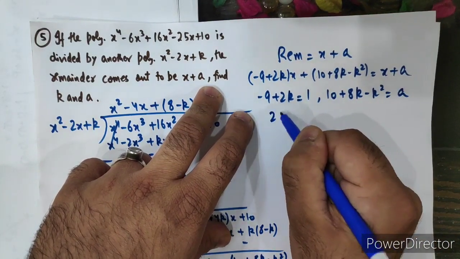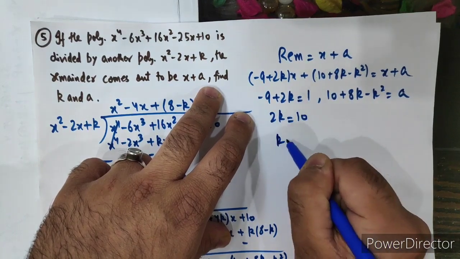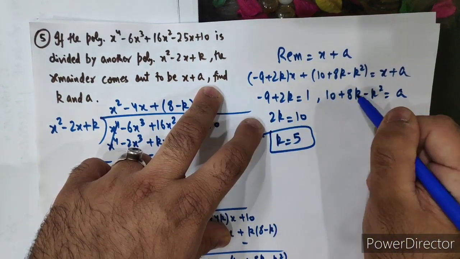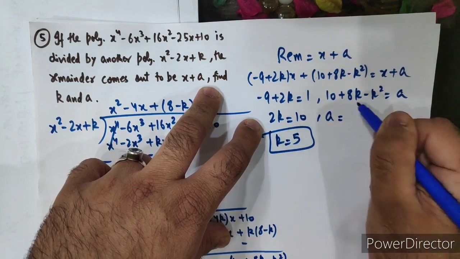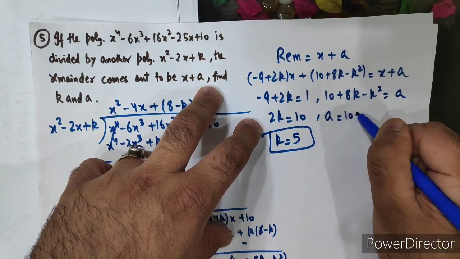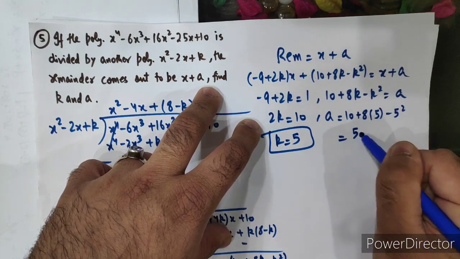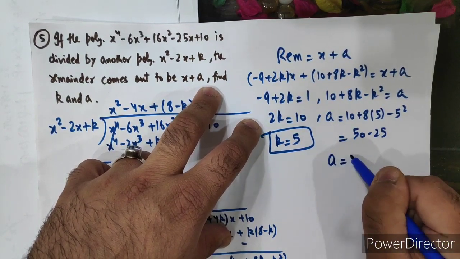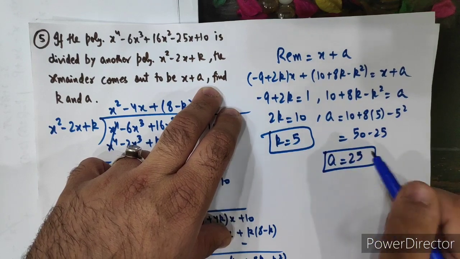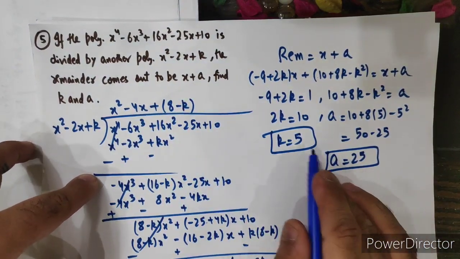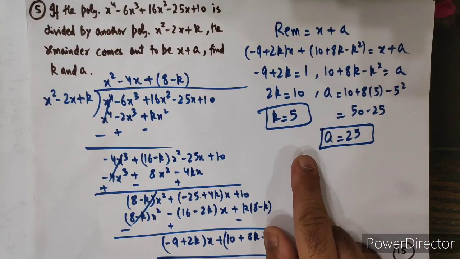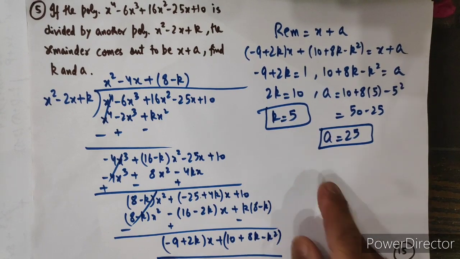If you solve this, 2k will be 10, the value of k is 5. You put k as 5 here, so a will be equal to 10 plus 8 into 5 minus 5 square. So this will be 50 minus 25, so the value of a is 25. So this was the way to calculate the value of k and a. Okay, so this is the end of this chapter, chapter number 2, polynomials.